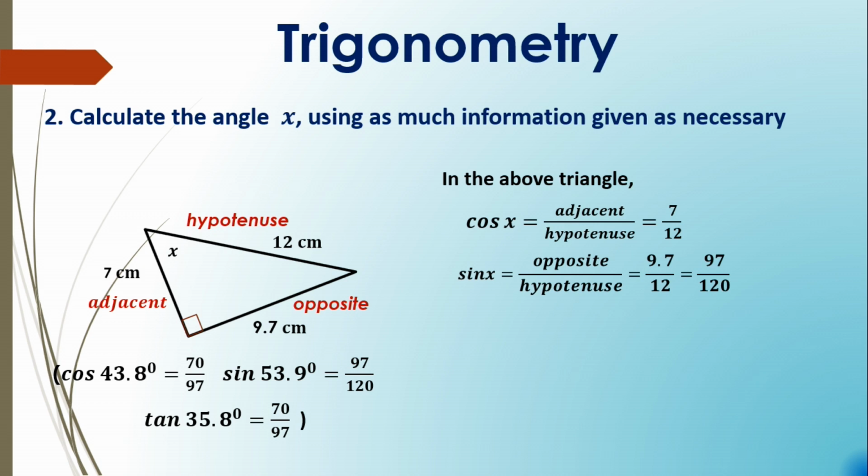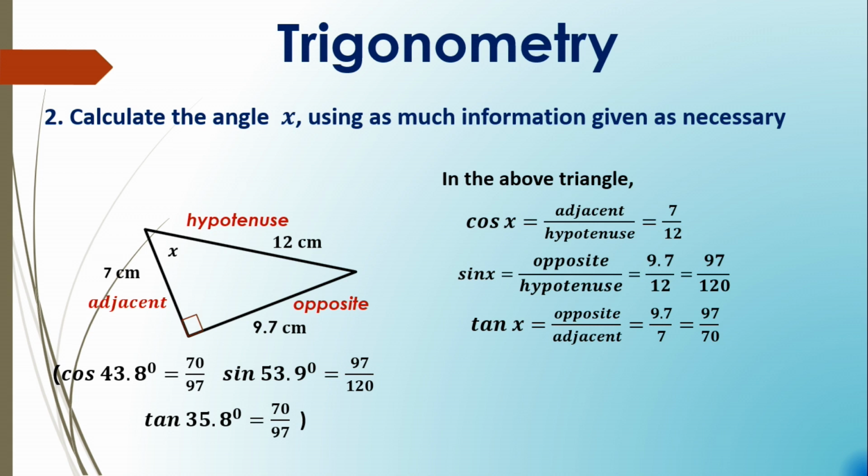Sine of angle x equal to opposite over hypotenuse equal to 9.7 over 12, which is same as 97 over 120. Then tan of angle x equal to opposite over adjacent equal to 9.7 over 7, which is same as 97 over 70. Now we are going to compare the given information and the values of the trigonometric ratios that we have calculated.